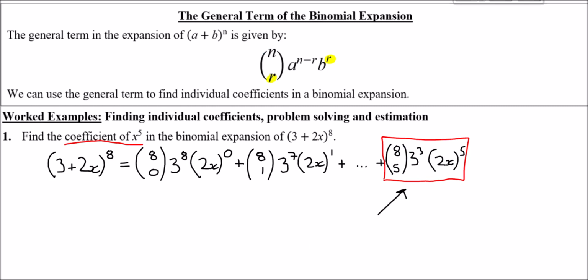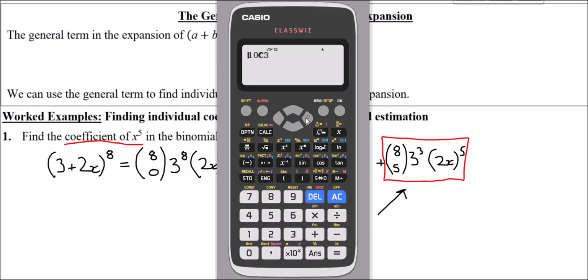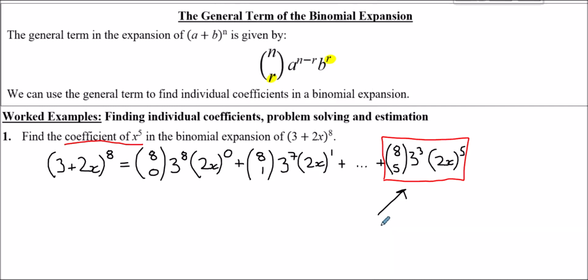So 8 choose 5. Let's do this. 8 choose 5, that's going to be 56, times 3 cubed. Well, 3 cubed is 27. And then 2 to the power 5 is 32.